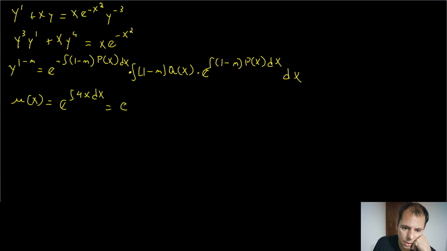So this is e to the integral of 4x dx, which is 4x squared divided by 2, so it's 2x squared. So this is e to the 2x squared. You're just integrating this, not the e.